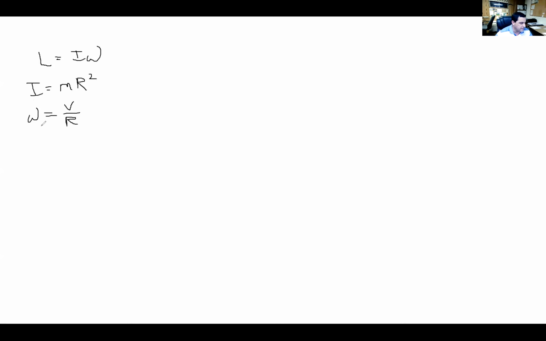We saw all that before. Now, if I take this for I, plug it in here, and I take this for angular velocity and plug it in there, I will end up with L is equal to m r squared v over r.